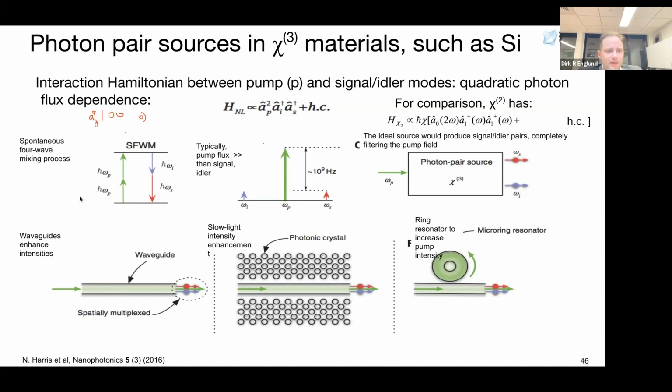A couple of ways are illustrated here. One is you can use spontaneous four-wave mixing in silicon, where you excite it with a pump field in the telecom, say 1.5 micron worth, about 0.7 electron volts, so 2 times 0.7 electron volts, 1.4 electron volts. That then decays into an idler and signal photon whose energy has to add up to that of the pump. But that can happen different ways, and if the different ways are coherent, then you can get an entangled state for the idler and the signal photon coming out.